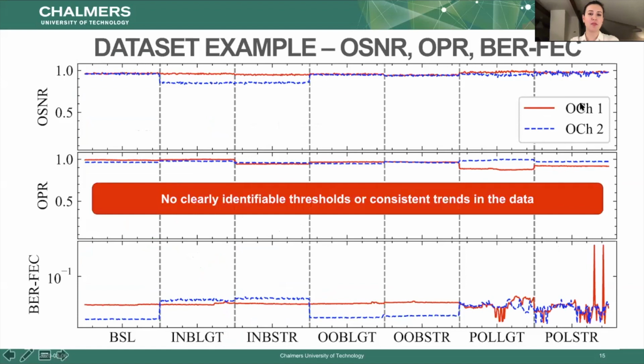And what is visible from this set is that there are no clearly identifiable thresholds or even consistent trends in the data. And this is actually the main motivation why we chose to address this problem using machine learning.